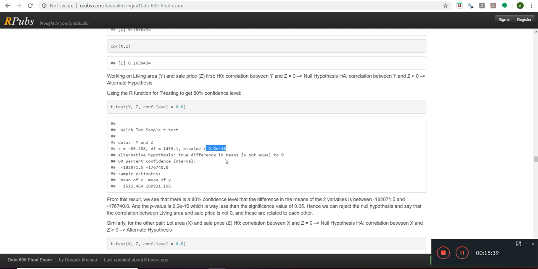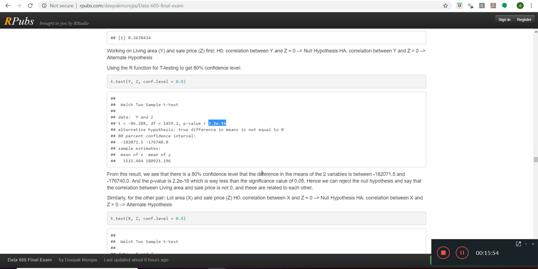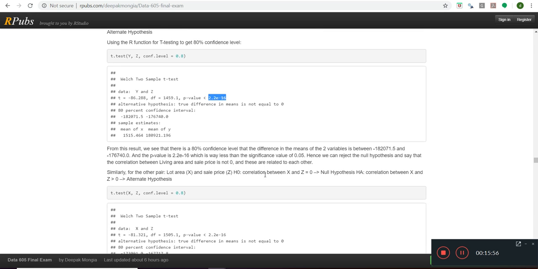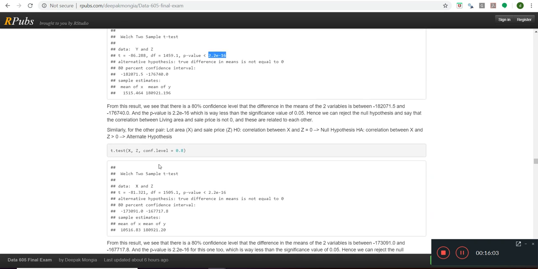Hence we can reject the null hypothesis and say that the correlation between living area and sale price is not zero. That means these are related to each other. And in fact, a p-value of such a low value indicates that these are highly related to each other. We'll see this relation further in our regression model in a further question.